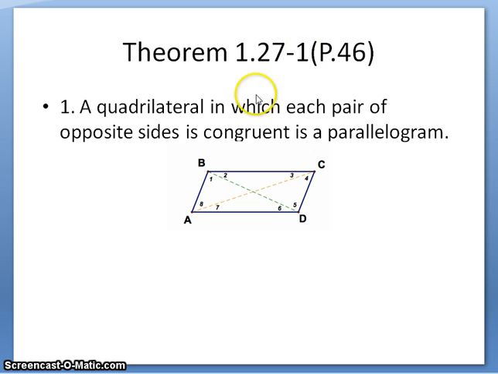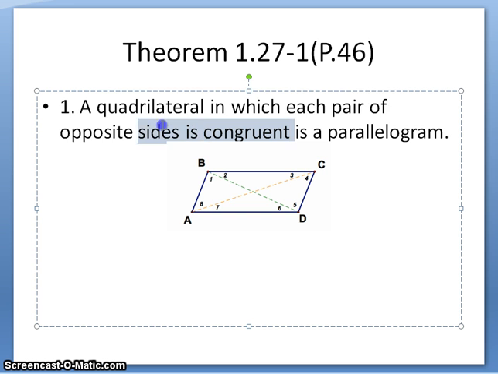And 1.27, a quadrilateral in which each pair of opposite sides is congruent is a parallelogram. So what's given? The given part is the first part of the sentence before "is". So we have a quadrilateral ABCD, and the other thing given is that each pair of opposite sides is congruent.